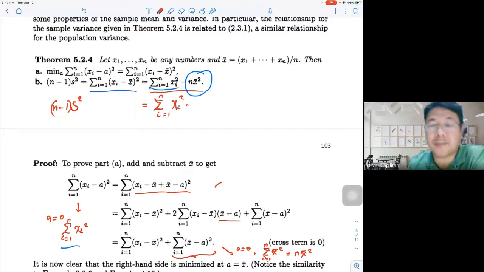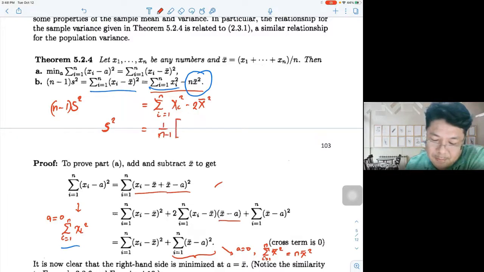Because we're dealing with expectation, we're going to use the random variables. So the statistic S squared is 1 over n minus 1 times, okay, random variables.